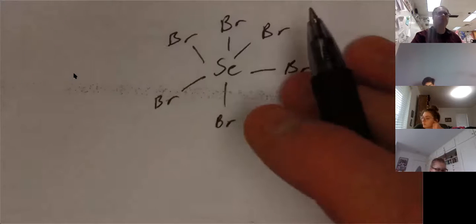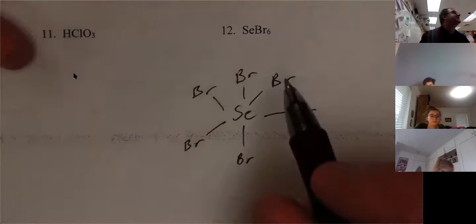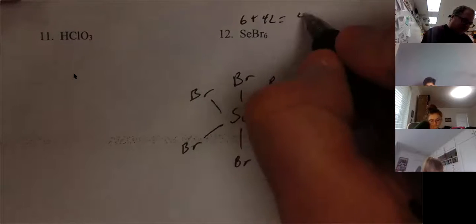So we have SeBr6. Se is in group 6A. So that's 6 plus 6 times 7 is 42. That equals 48 total. 2, 4, 6, 8, 10, 12, 14, 16, 18, 20, 22, 24, 26, 28, 30, 32, 34, 36, 38, 40, 42, 44, 46, 48.